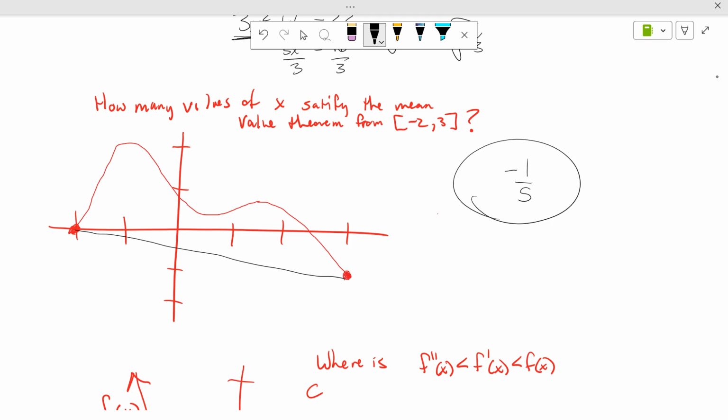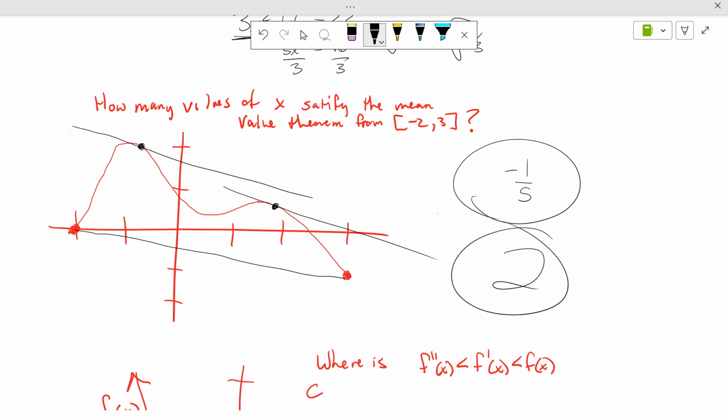I think 2, about right there, it might have a slope of negative 1/5. And about right there, it might have a slope of negative 1/5. Because the tangent lines should basically be parallel to that line. So this is where the instantaneous rate of change is equal to the average rate of change, mean value theorem. So this answer would be 2.